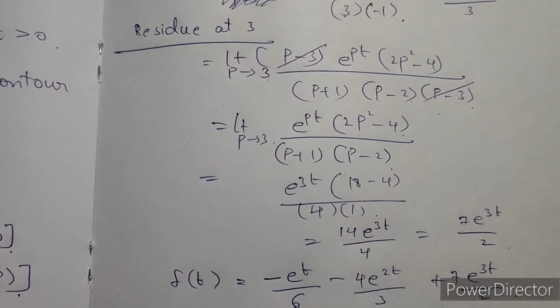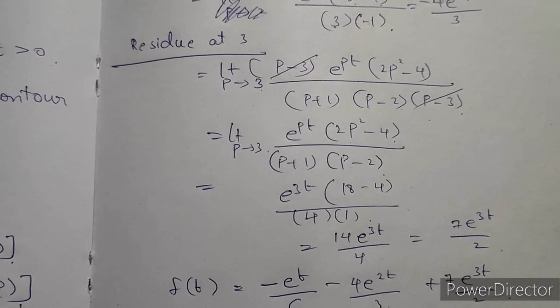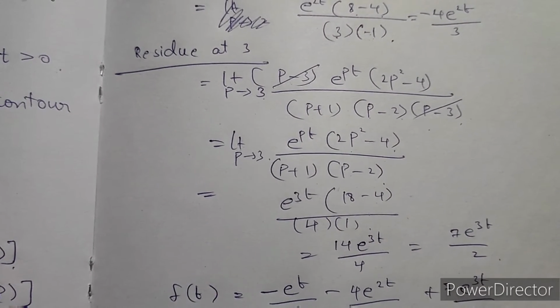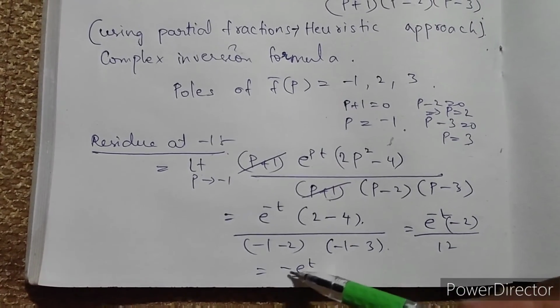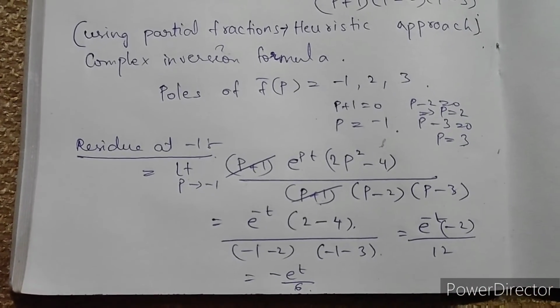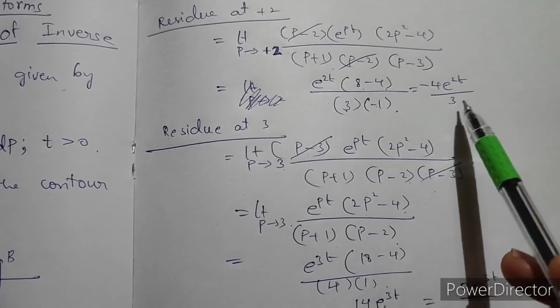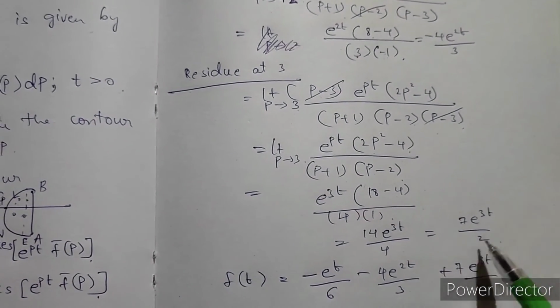Now in order to get our inverse Laplace transform, we just have to add all the residues that we have got: minus e power minus t divided by 6, minus 4 e power 2t divided by 3, and 7 e power 3t divided by 2.